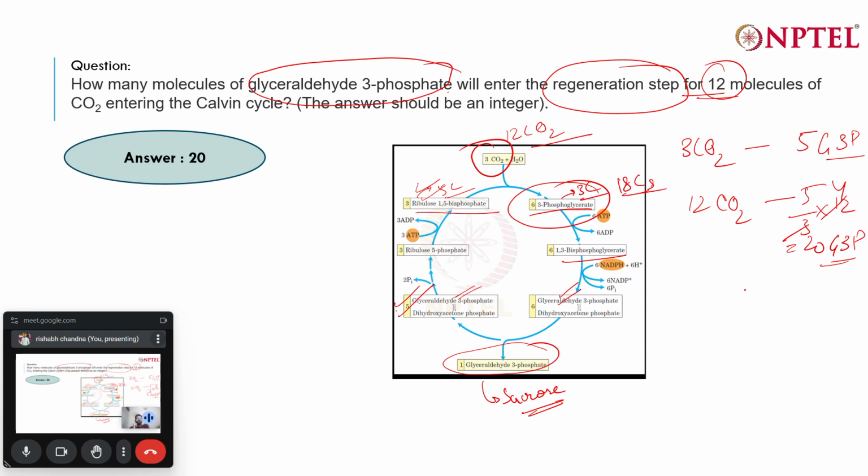For every 3 molecules of CO2, 1 molecule of glyceraldehyde 3-phosphate enters the sucrose forming pathway. So the other way around, for 12 molecules, it would be 4 molecules of glyceraldehyde 3-phosphate entering the sucrose forming pathway. Okay, so 20 would be the correct answer.